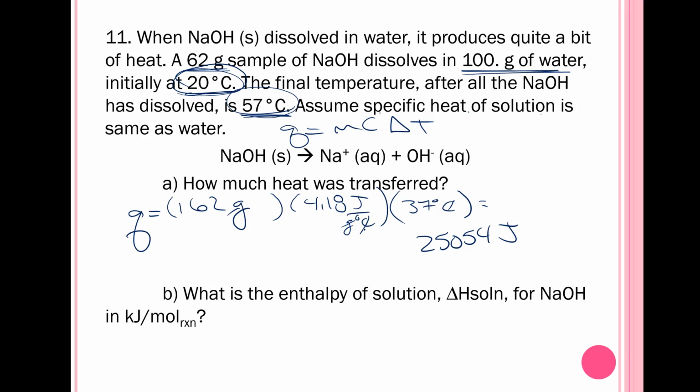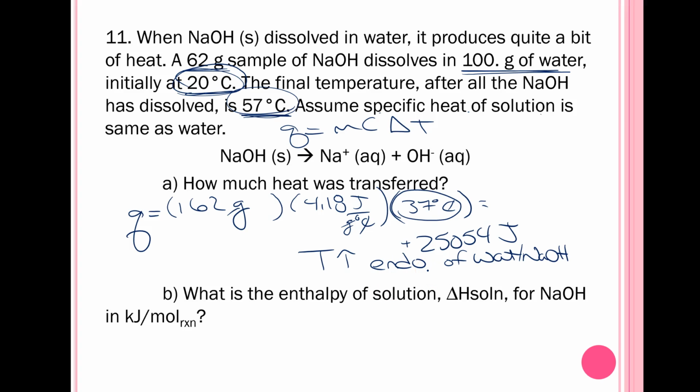Okay, now, first thing I want to point out, this is a positive value, because the temperature increased. And the temperature increased because it was an endothermic from the point of view of the water and the NaOH. Okay? It was endothermic from their point of view, but they got the heat from somewhere. Something gave them that heat.